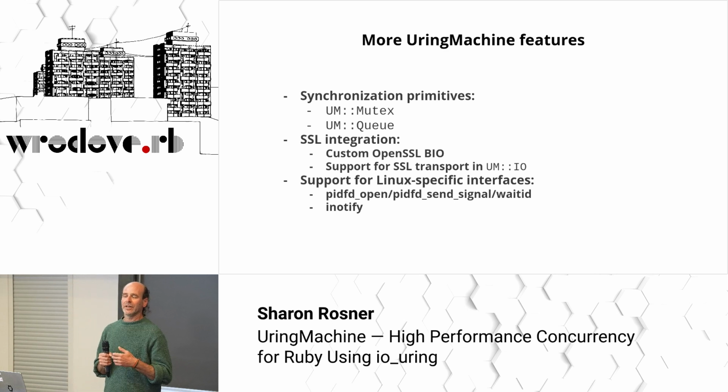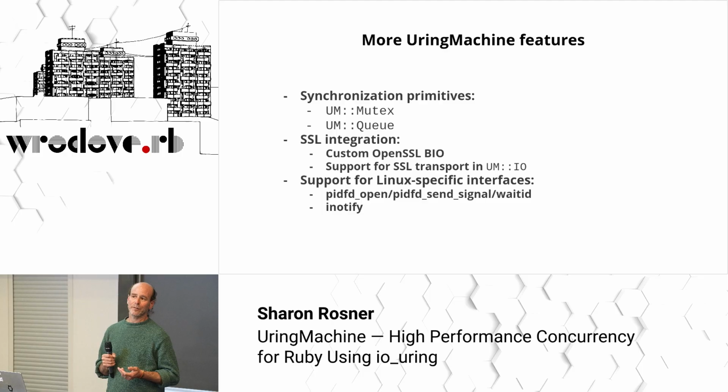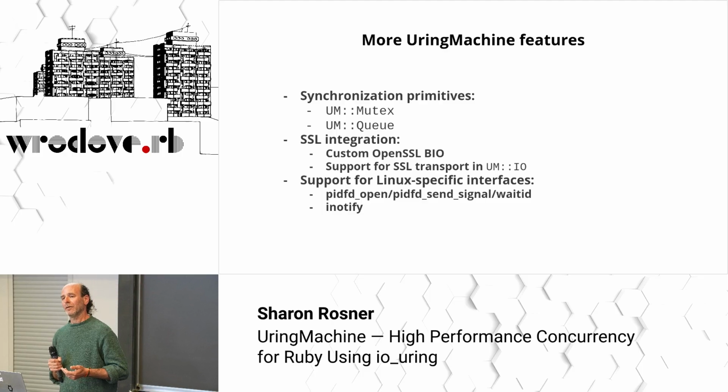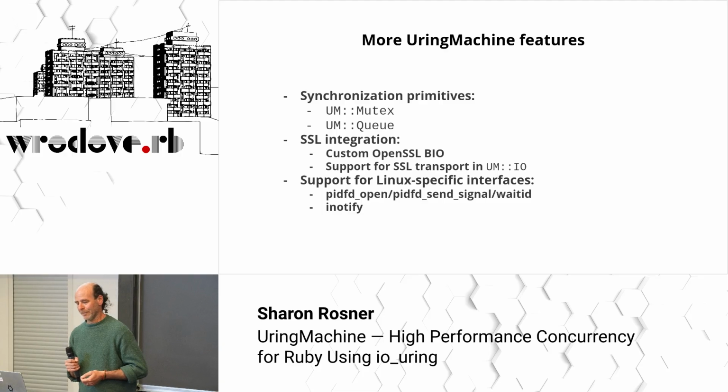The UringMachine gem does just like that. I also contributed a PR to the OpenSSL gem itself. It stays open. There is a competing PR from one of the maintainers of the OpenSSL gem, and hopefully one of those PRs will be adopted in the future.